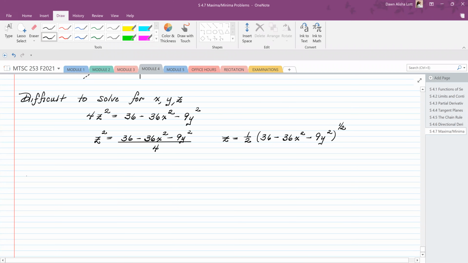So now I want to maximize my function f of x, y, which is going to be V of x, y now. That's x times y times 1/2 times 36 minus 36x squared minus 9y squared to the 1/2 power.